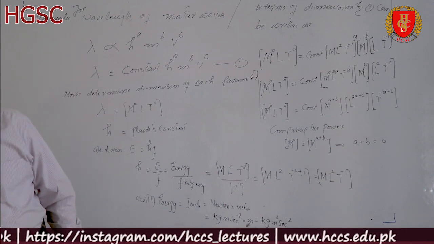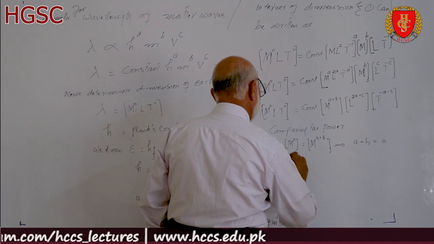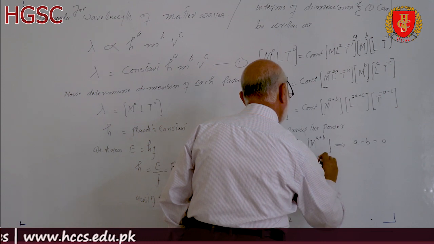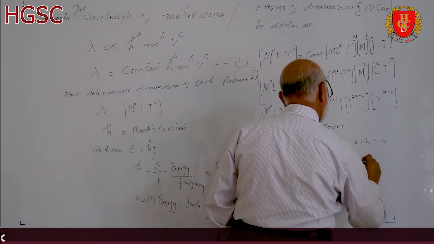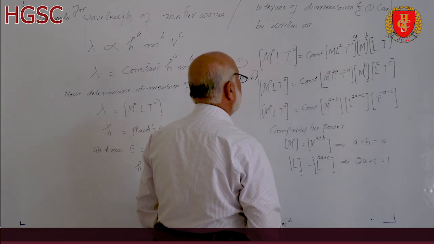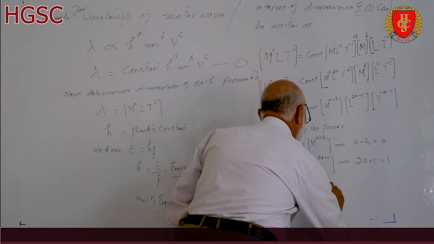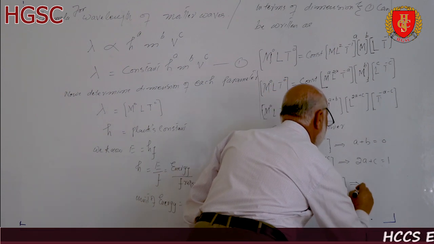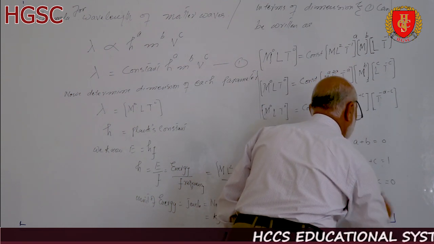Then for length, which has the power 1 on the left side, on the right hand side length is 2a plus c, so we get 2a plus c is equal to 1, and for the third, T0 is equal to T power minus a minus c, so minus a minus c is equal to 0.